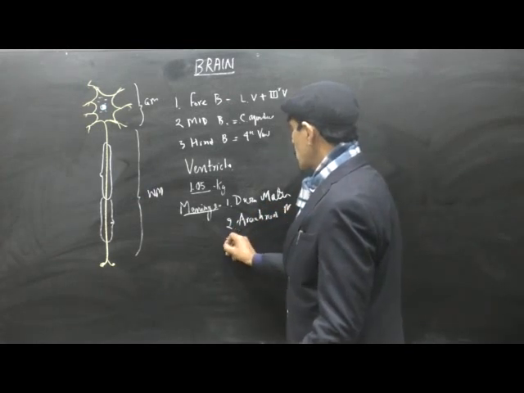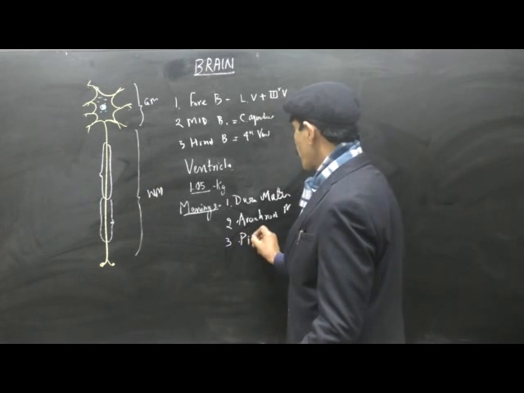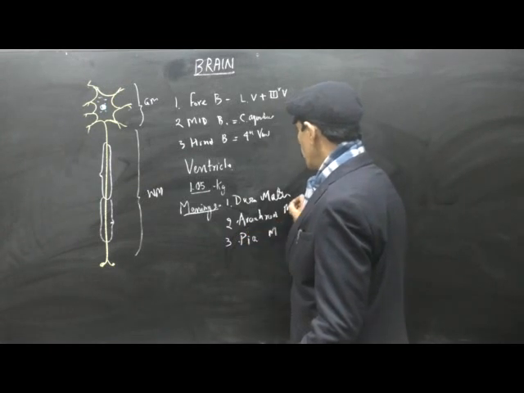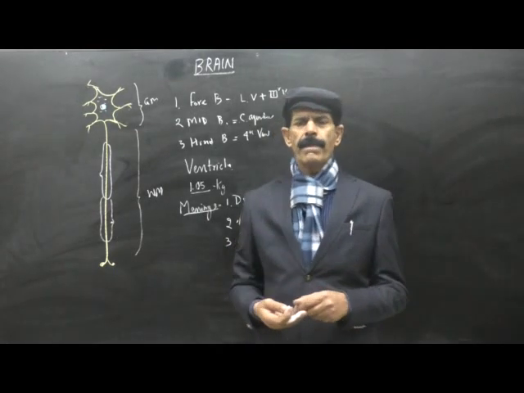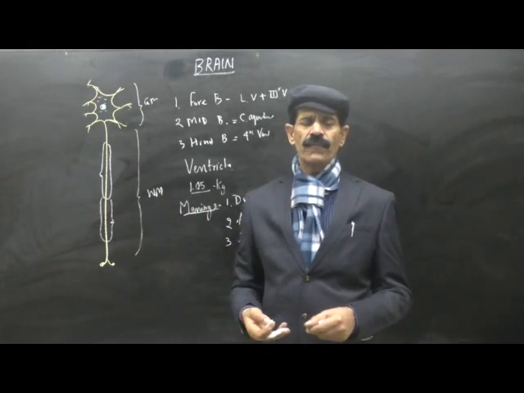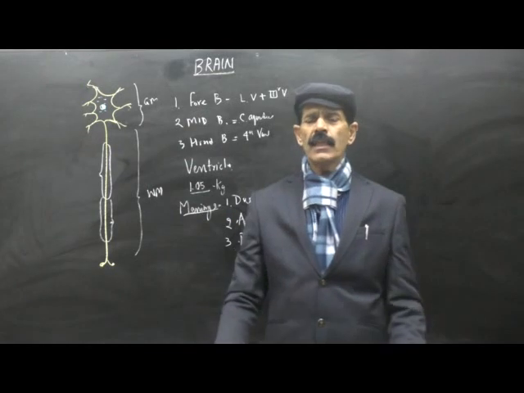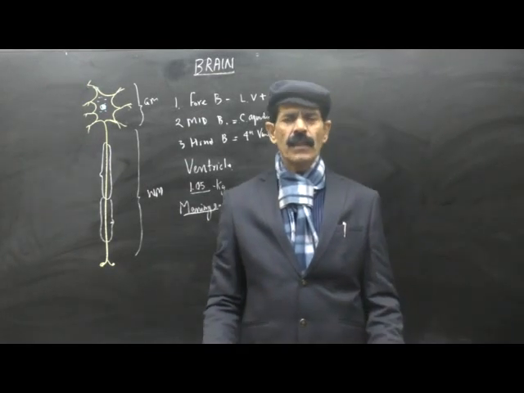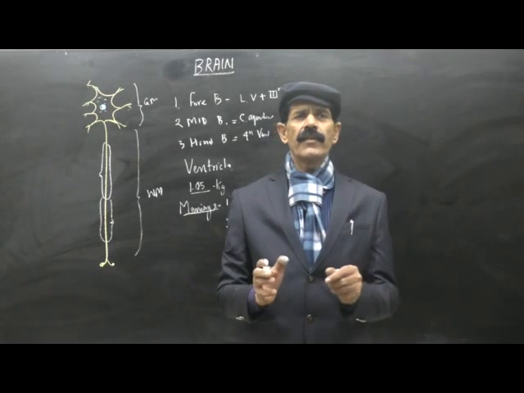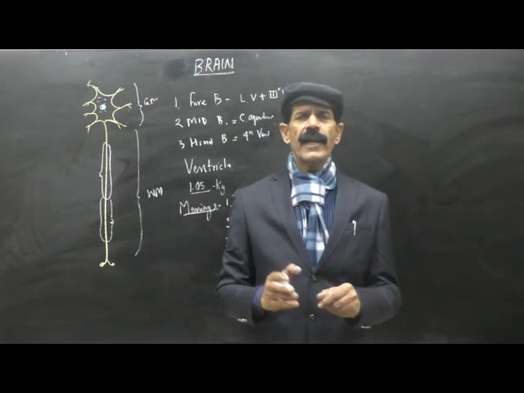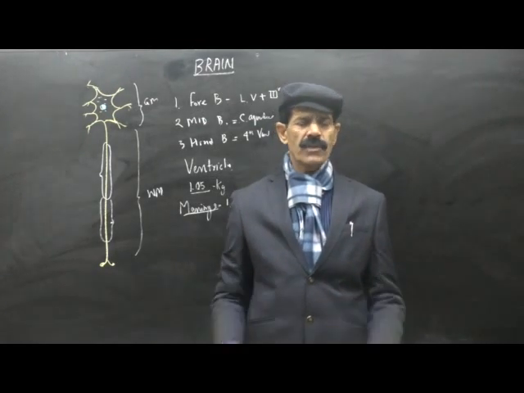And the innermost is called the pia mater. So the three coverings or wrappings of the brain are there in order to protect the brain from outer injury or head injury. And the brain is well protected in the cranial cavity, which is made by the flat skull bones.